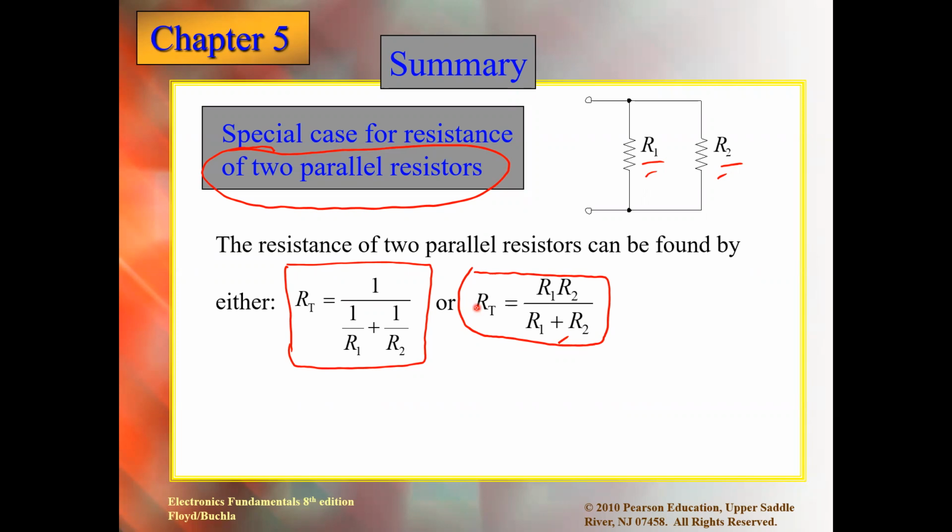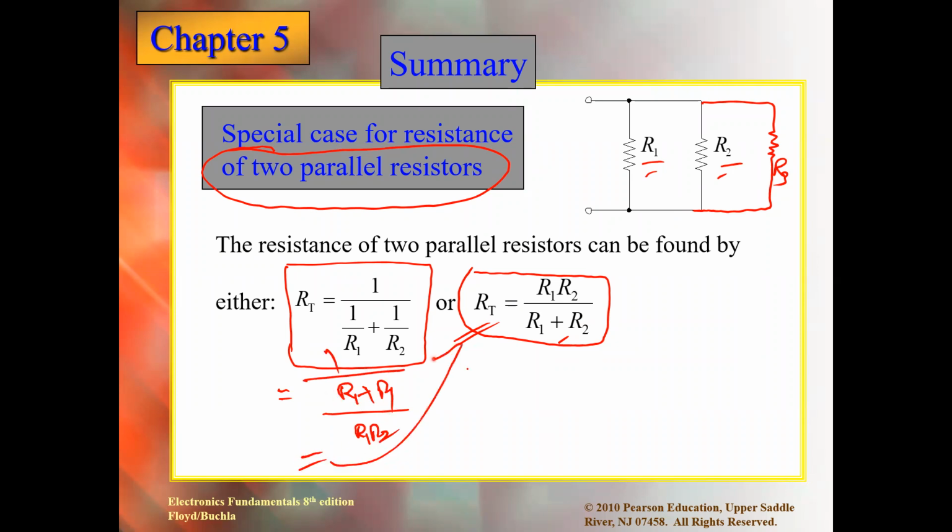These two special cases are going to help you a lot. But by the way, this is not applicable for a third resistance. If I say one more resistance is there, let's suppose this is R3, you cannot write it the same way, because it comes from that concept. Here you get the LCM of R1 and R2, then R1 plus R2 on top, so when you flip it, you get something like that. But it is not applicable for the third.